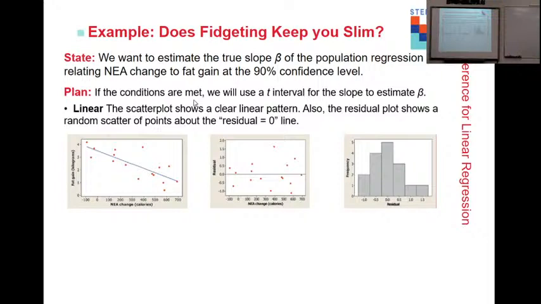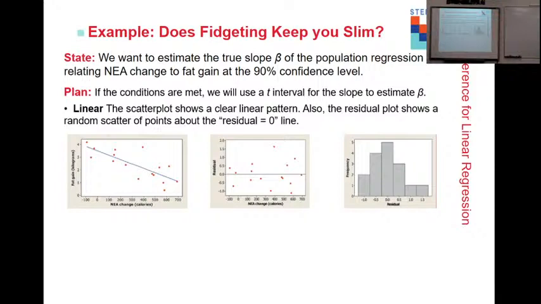Let me write out the conditions, and then we'll go back to the calculator. We're estimating the true slope of the regression line between these two, 90% confidence level. Linear: does it look like a line?